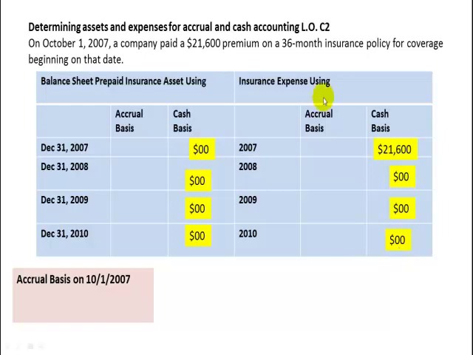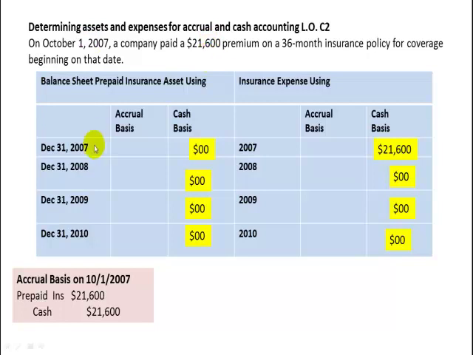So when we first spend this $21,600 on insurance, it's all going to go in the beginning as an asset. So our entry is going to be a debit to prepaid insurance for $21,600 and a credit to cash for $21,600. That's what happens on the very first day of October that we get this coverage.